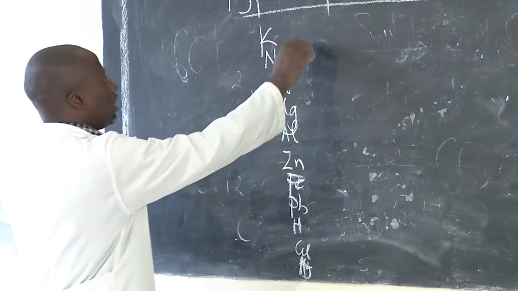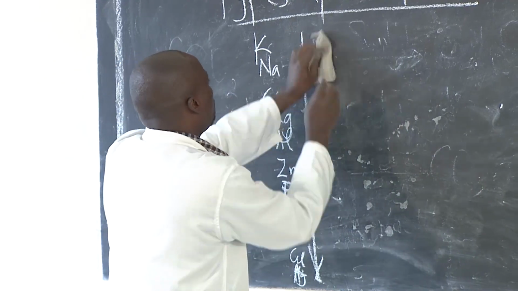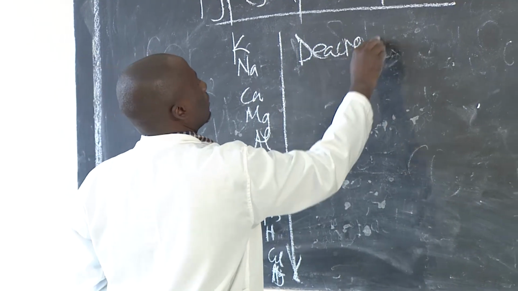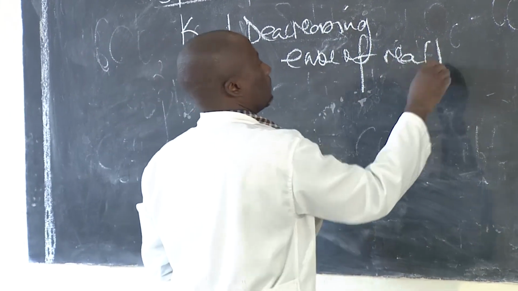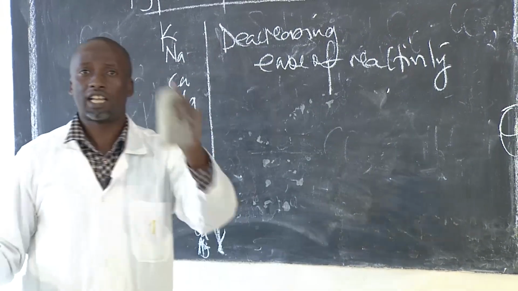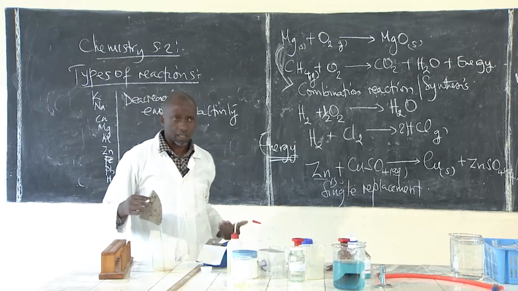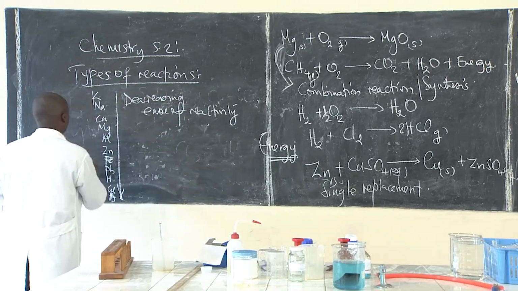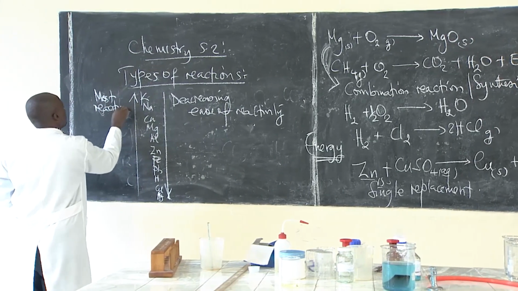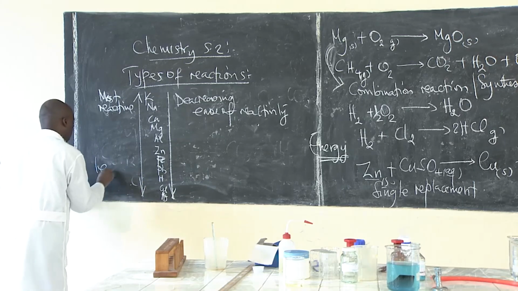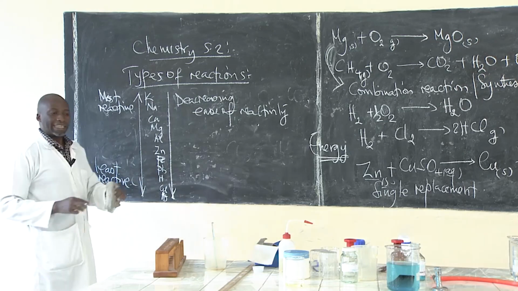So this is showing decreasing order of reactivity. What does it mean? It means that as you move down, the reactivity of these elements is decreasing. So this is the most reactive, and this is the least reactive.